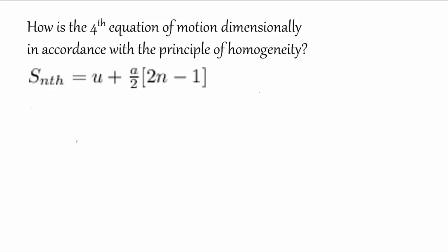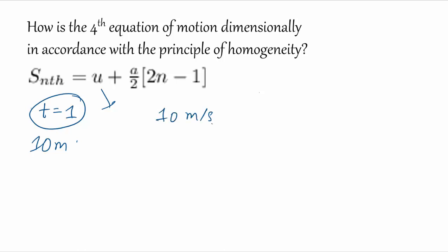Again, if the time here is 1 and the distance traveled is, let's say, something like 10 meters, in that second the velocity would still be 10 meters per second, in the sense it's traveling 10 meters in 1 second.